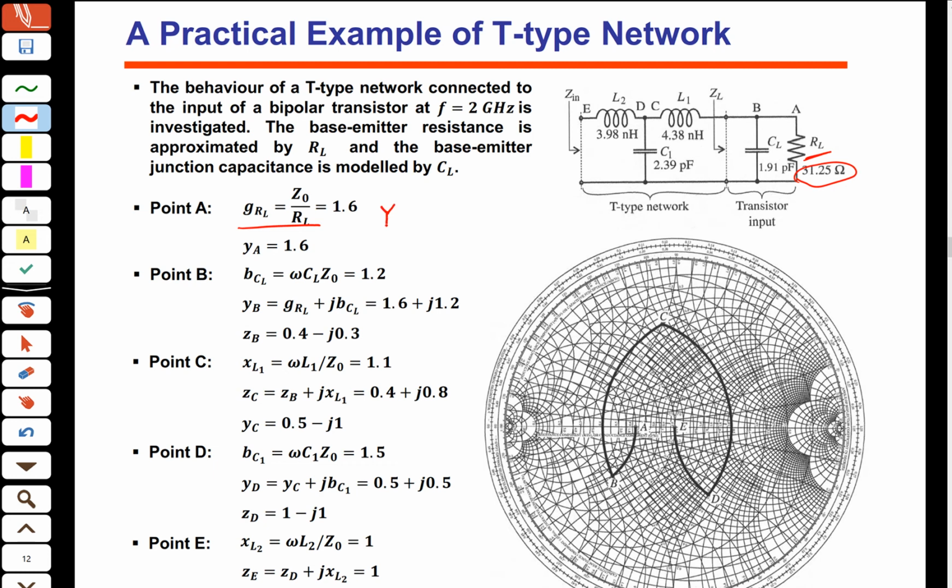So this Y at point A equals 1 over R divided by Z, which is equal to 1.6. What's the unit for this? 1.6 watt.